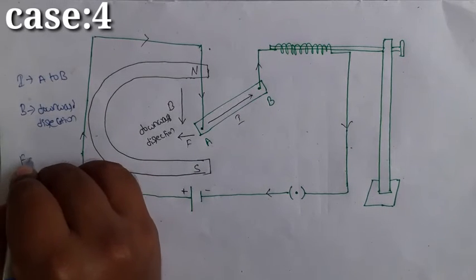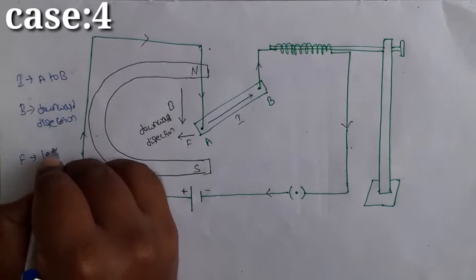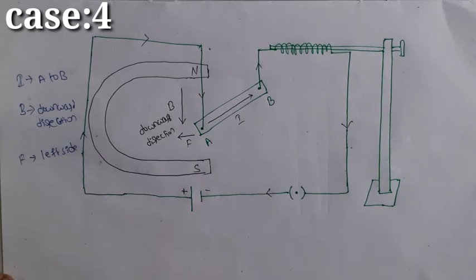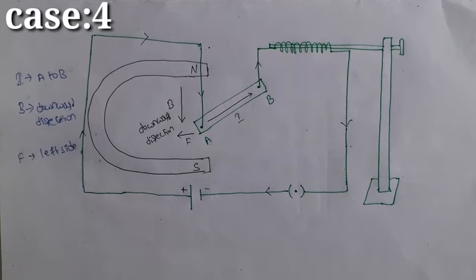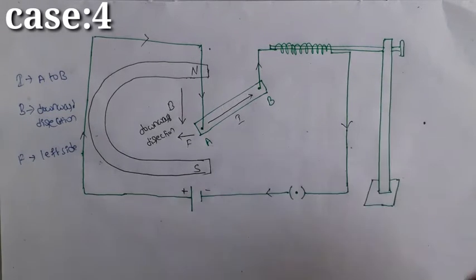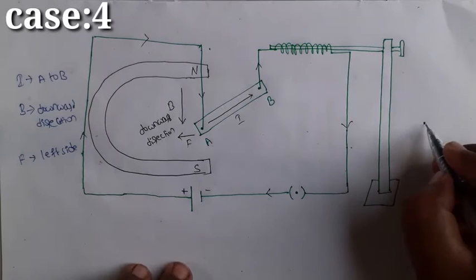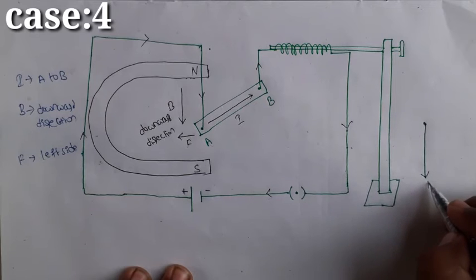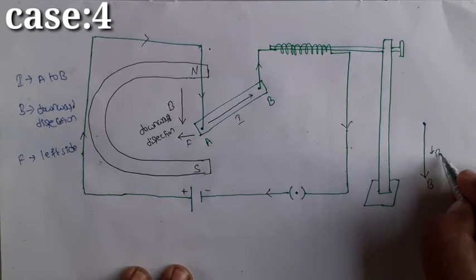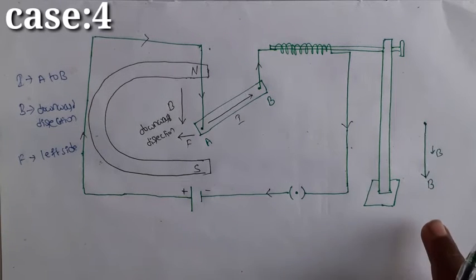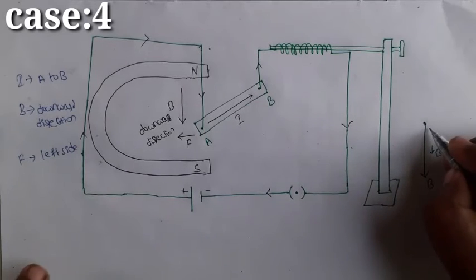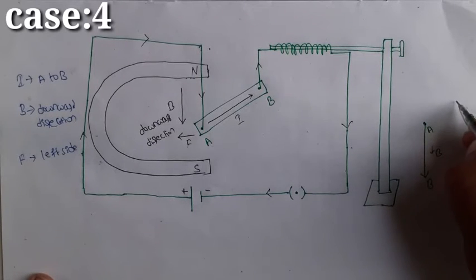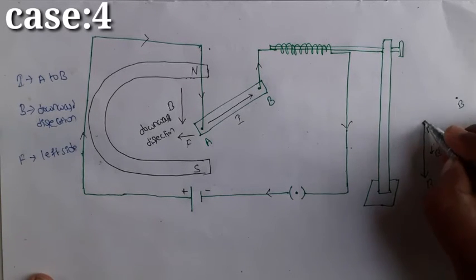So the magnetic force is acting to the left side. For example, this is a point on the conductor. At this point the magnetic field is acting in the downward direction. This is the magnetic field direction, denoted by capital B. This is the A point of the conductor, this is the B point of the conductor.